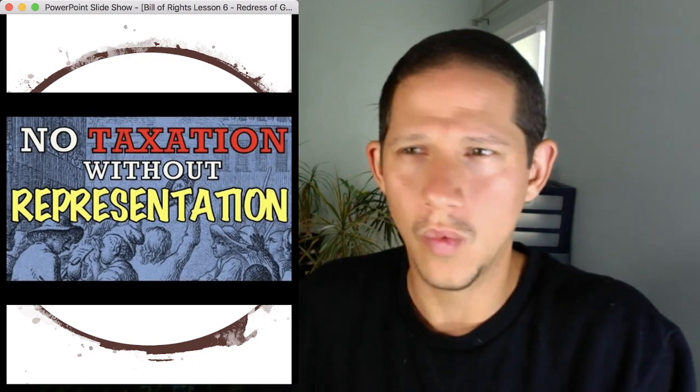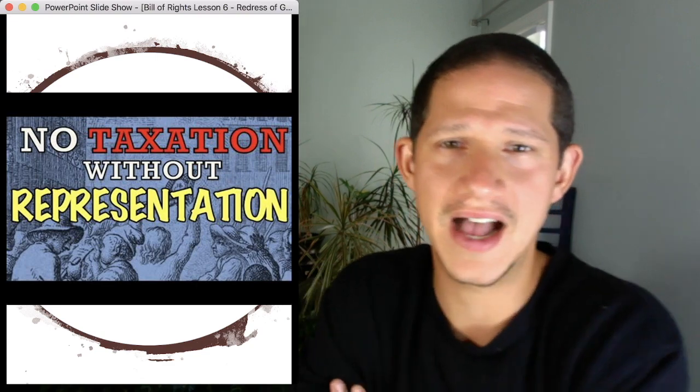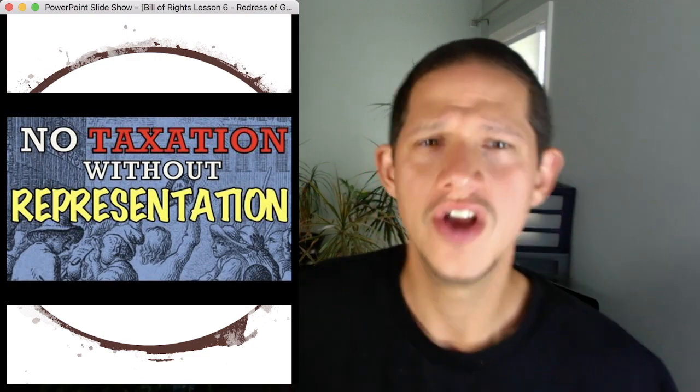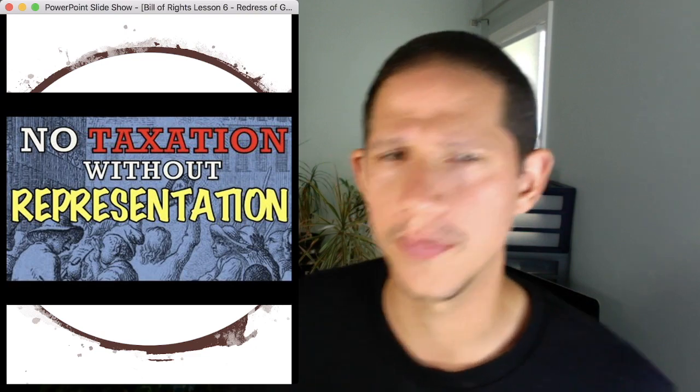The king didn't say, okay, colonists, you can have one of your representatives come to England and join what was called their parliament, and help us decide if there should be taxes, and how much the taxes should be. The colonists didn't have that. So they said, no taxation without representation. No Sugar Act, no Stamp Act, no any acts.